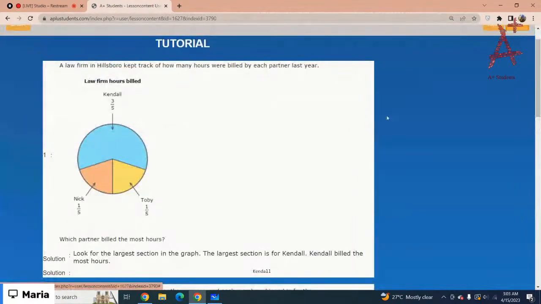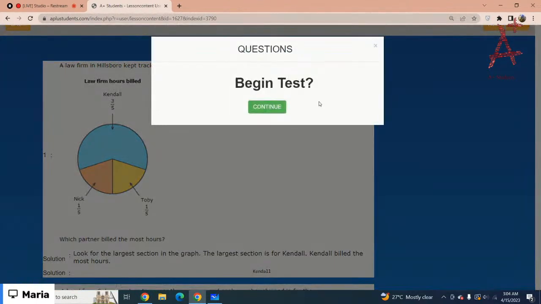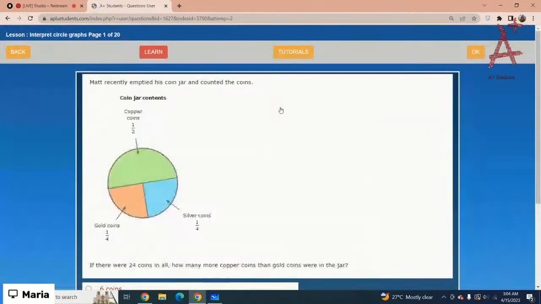Let's start with the test questions. Matt recently emptied his coin jar and counted the coins.